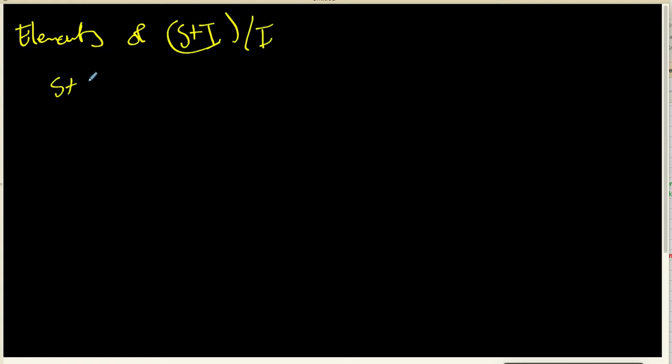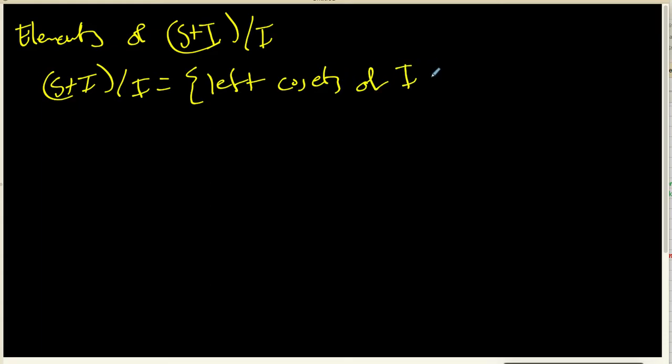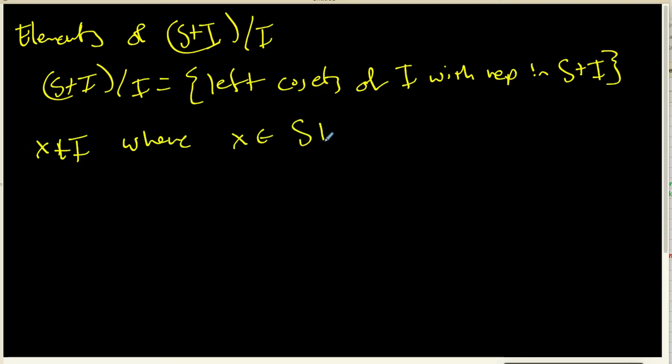So let's turn our attention to looking at the elements of the quotient ring S plus I mod I. Well, S plus I mod I is just the set of left cosets of I with representatives inside the subring S plus I. And so the elements of this particular quotient ring are going to look like x plus I, where x belongs to S plus I.